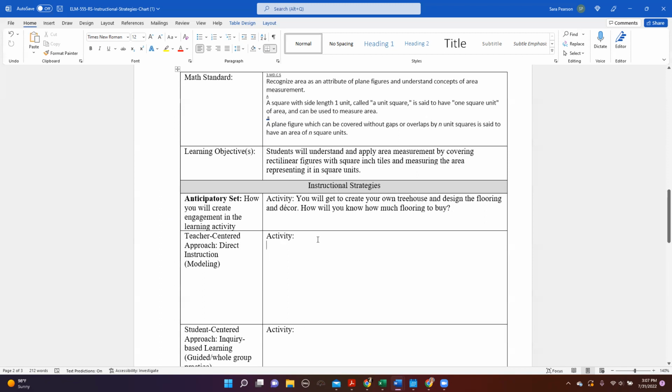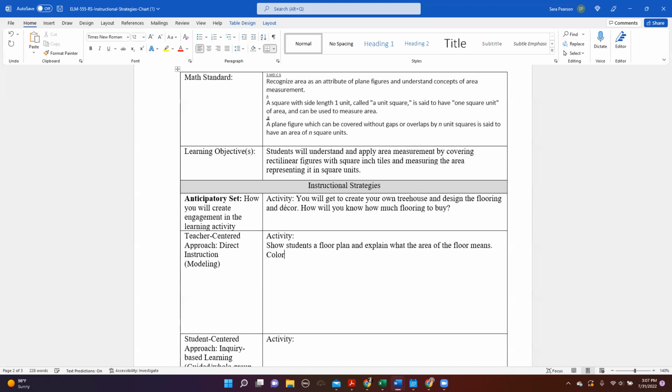So maybe I will show students a floor plan, and explain what the area of the floor plan means.